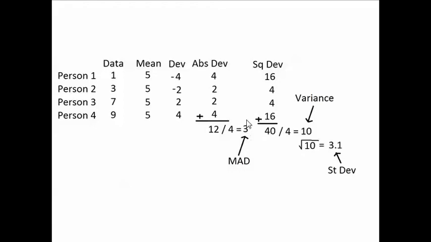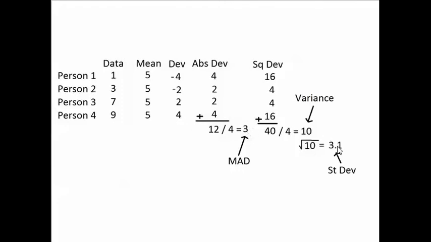Also, each of these three measures of dispersion has its own advantages and disadvantages. For example, the MAD has the advantage of being easy to interpret. The MAD is just the average distance from each data value to the mean, so it is pretty straightforward.